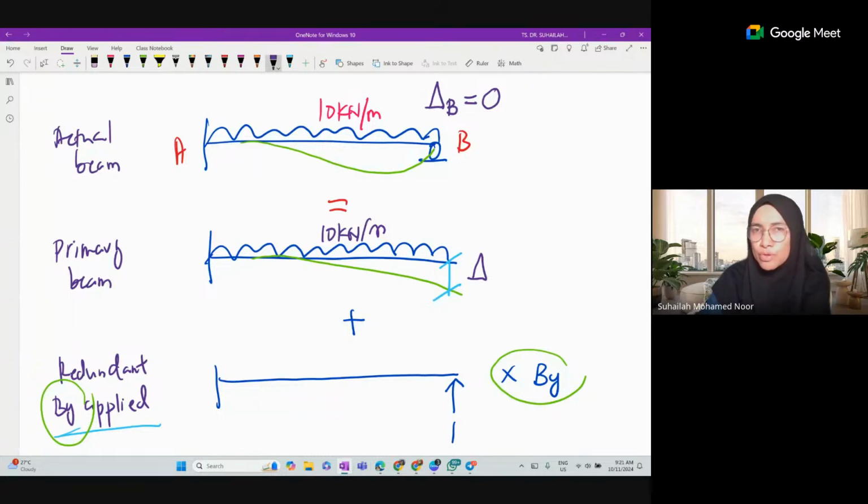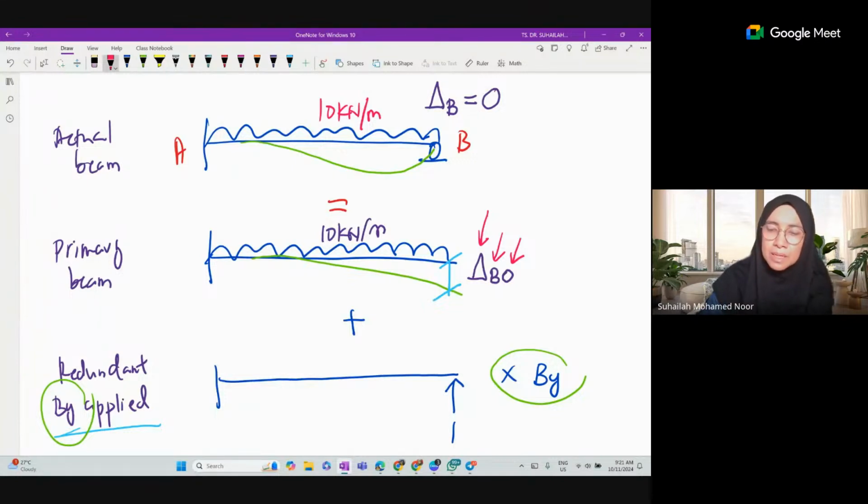Now we will put two notations. All this I described, I wrote in the module. Delta at position B for primary beam. There are two notations used here, because of course we cannot use the same symbol, right? All of this has meaning. The way to read it is: deflection at position B for primary beam.